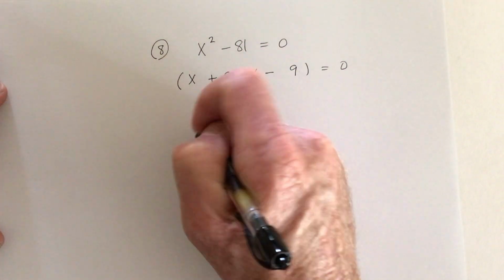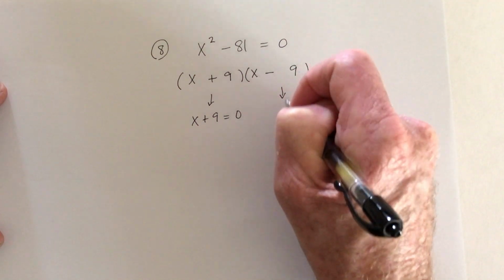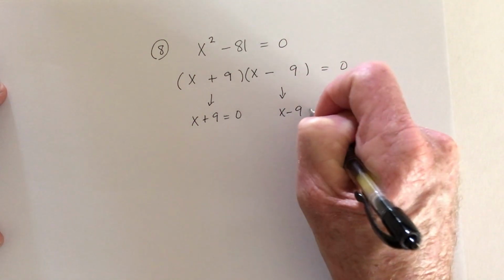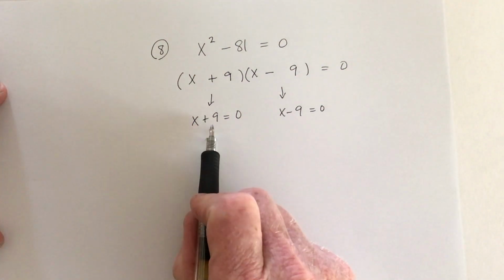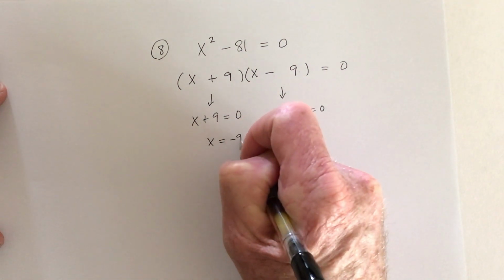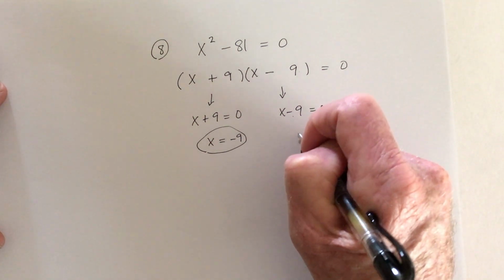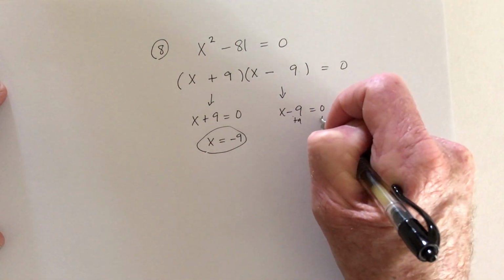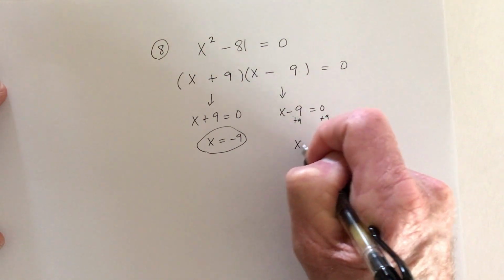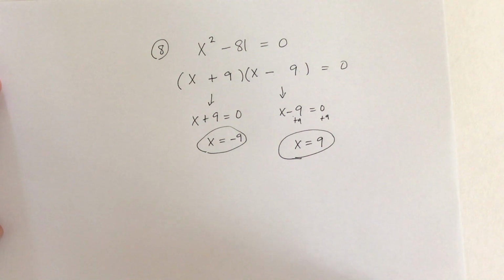And then set this one equal to 0. Set this one equal to 0. And in here, we just need to subtract 9 from both sides, so x equals -9. In here, just add 9 to both sides. And then it's going to be x equals +9. So two answers, +9 and -9.